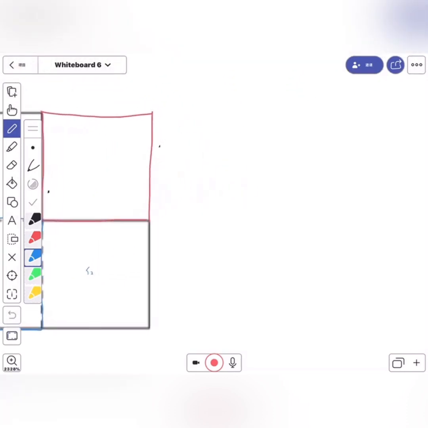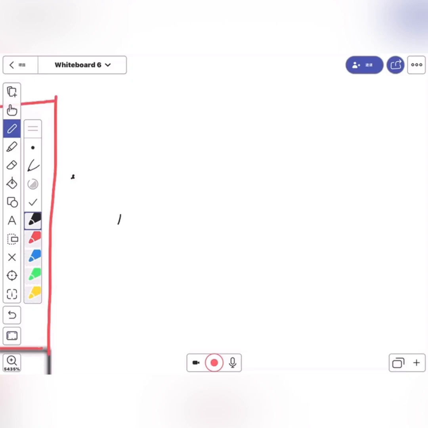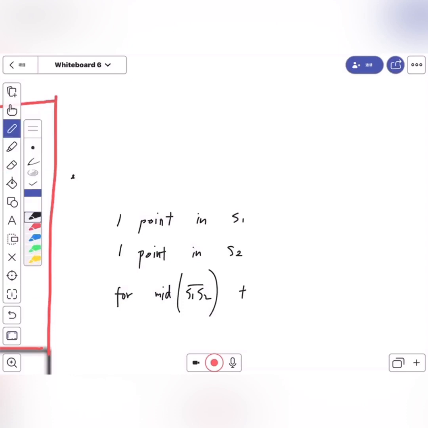So what that tells us is that we must have one point in S1 and 1 point in S2 for the midpoint to be in the missing square.